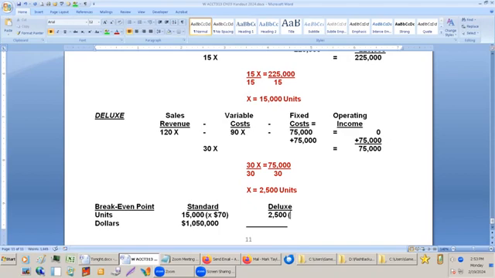Each one of those are selling for 120. $300,000.